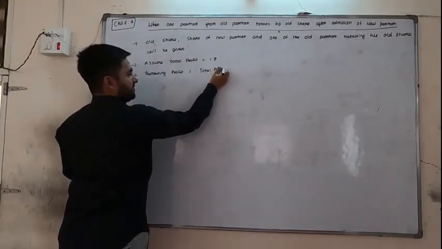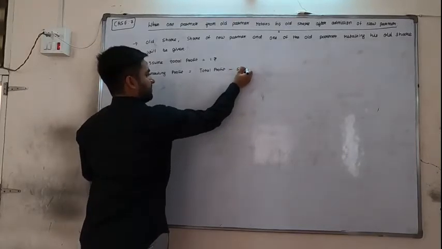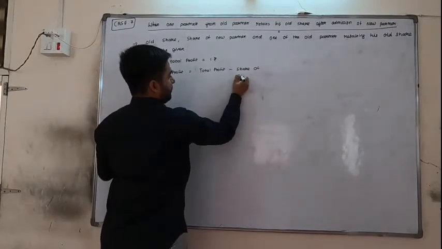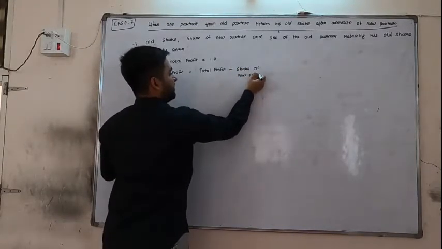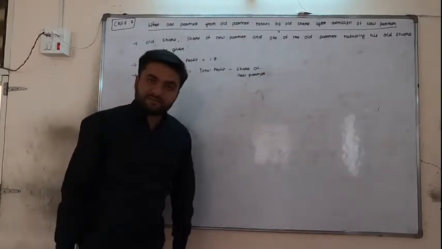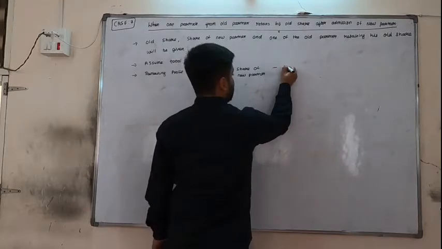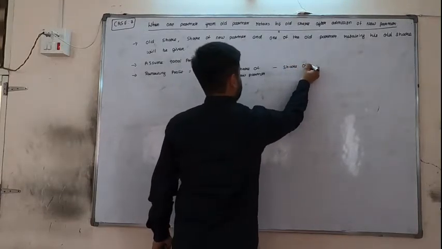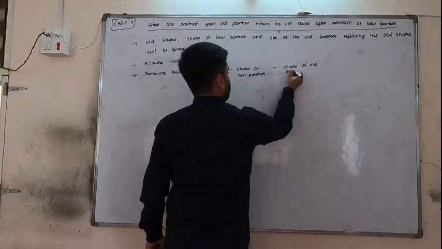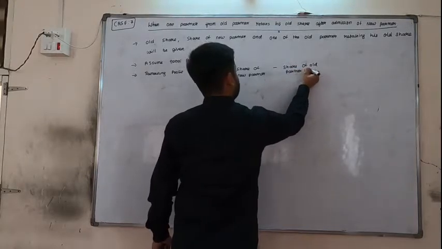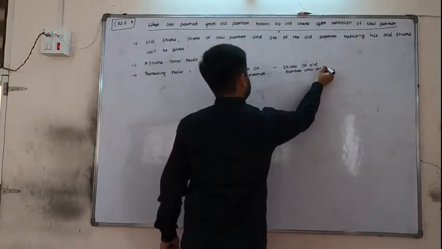Total profit minus share of new partner was the formula in case 1 and 2. Here, in addition to that, one more partner is retaining his share, so minus share of old partner who retains.